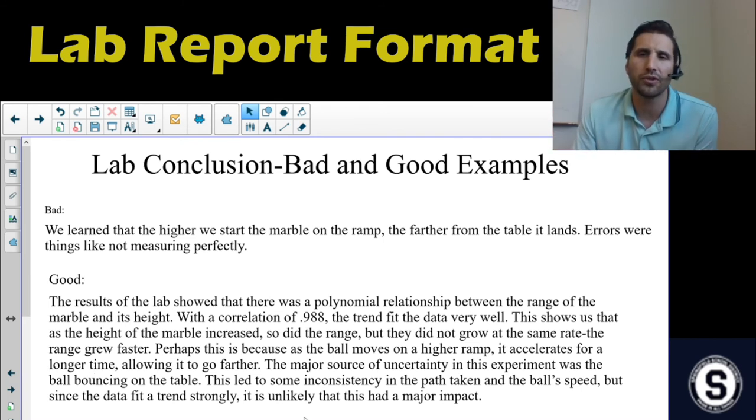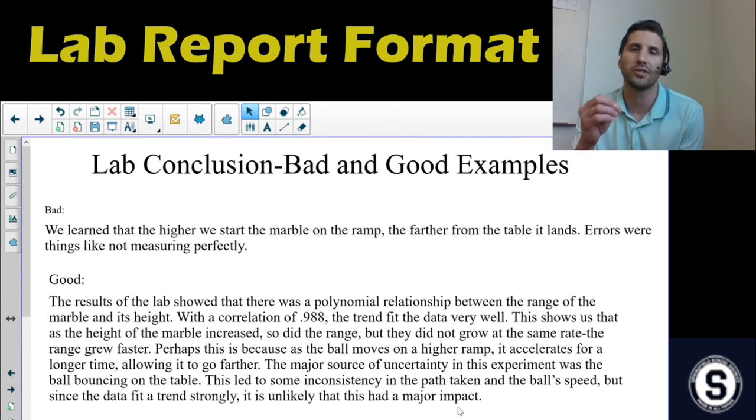The major source of uncertainty in this experiment was the ball bouncing on the table. This led to some inconsistency in the path taken and the ball's speed. But since the data fit a trend strongly, it is unlikely that this had a major impact. So notice this, it's not just like, oh, we might have made mistakes.